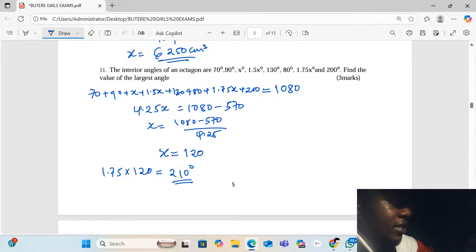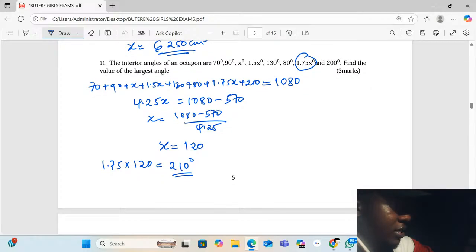That is 1.75 times x, so we multiply by x. So our largest angle becomes 210 degrees.